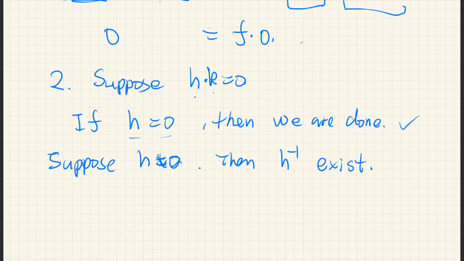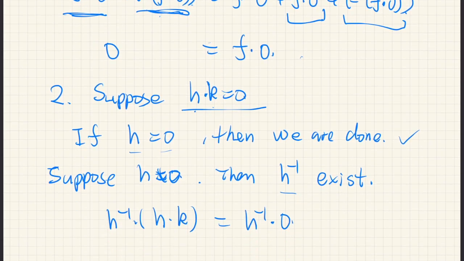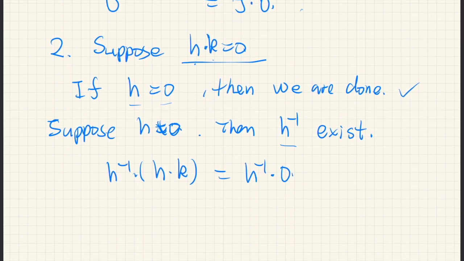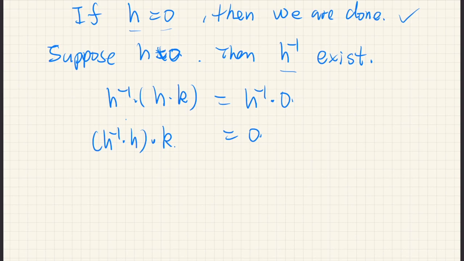So to this equation, multiply h inverse on both sides. Then we have h inverse times hk equals h inverse times 0. From the first part, the right-hand side here is 0. And the left-hand side, by associativity, we have (h inverse times h) times k.